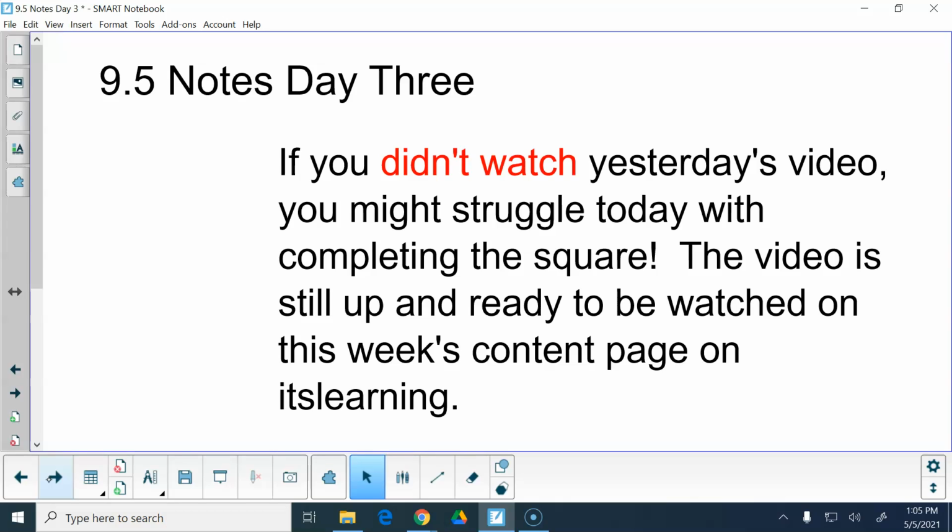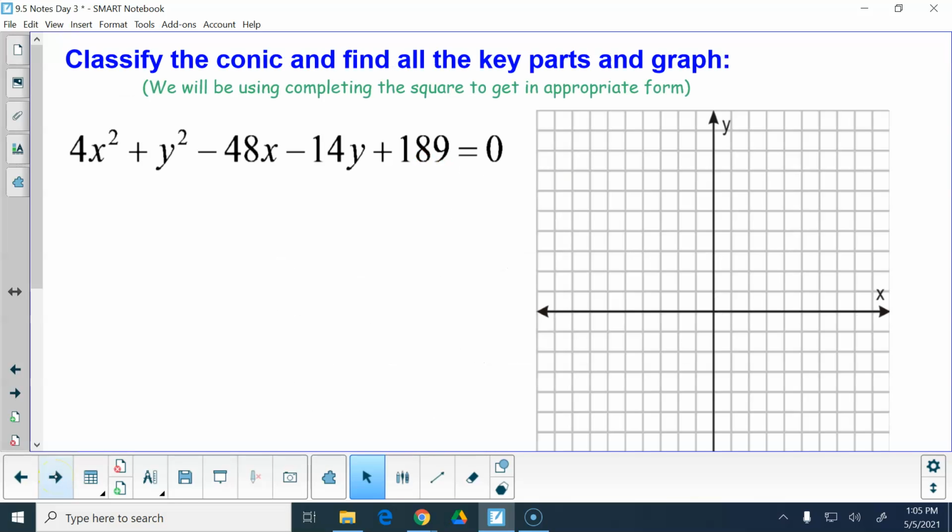So if you are confused about today, or if you're going to struggle with today, I strongly recommend that you go back and watch the video from yesterday to clear things up. Okay? Some good notes. It's a short video. It's under 11 minutes, but it explains the process of completing the square in much more detail than what I will go through today. Okay?